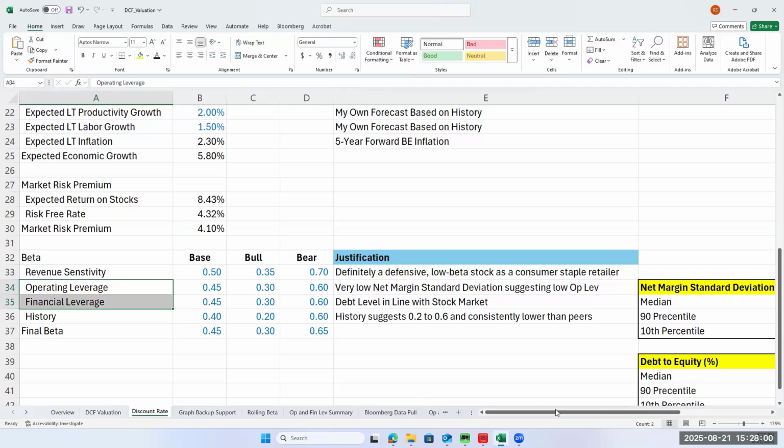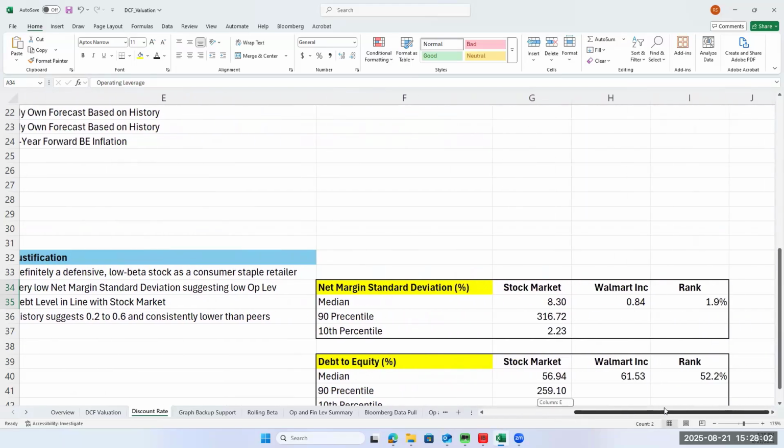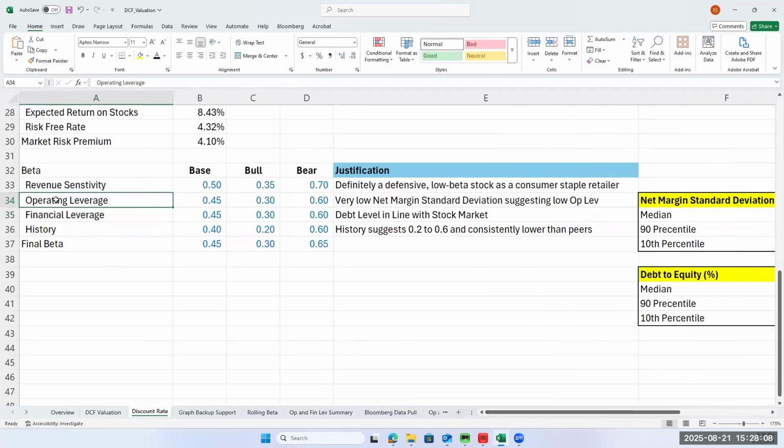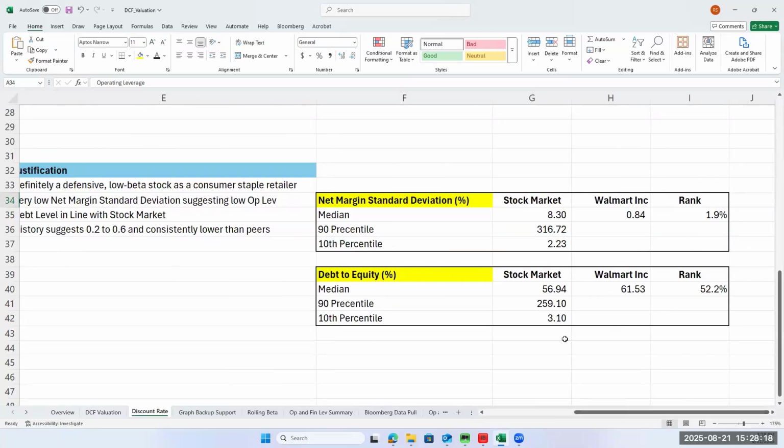Operating and financial leverage, I have some data over here that show you that. So what kind of firm is Walmart? Operating leverage is how much fixed costs they have in their operations. Financial leverage is how much debt that they have. I won't get too much into that here, but one way I look at operating leverage is how volatile are their net margins.